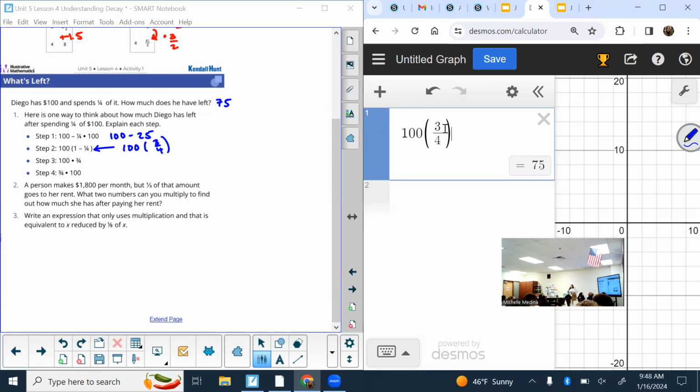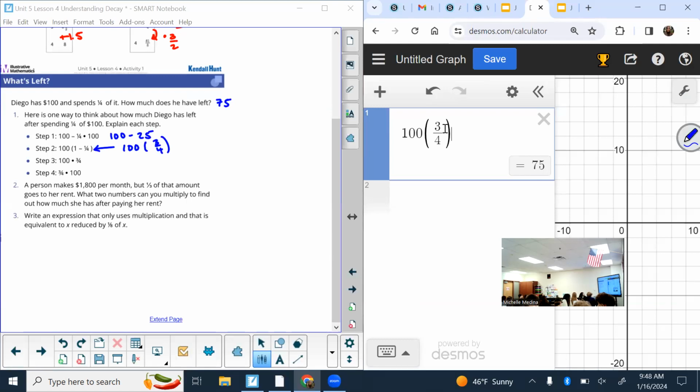If I was at a store and I was trying to figure out what the sale is, say it's like 20% off, when I would try to figure out what it costs, I would do the original price times 0.2, subtract it from the original price, and that's what I would pay.